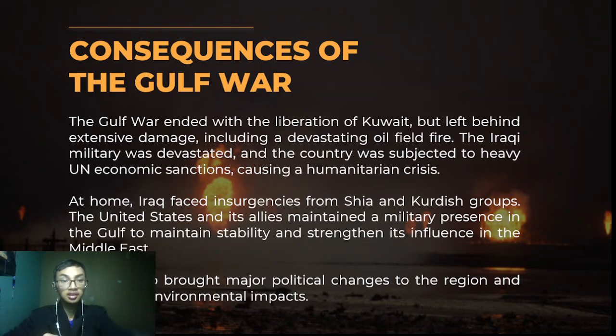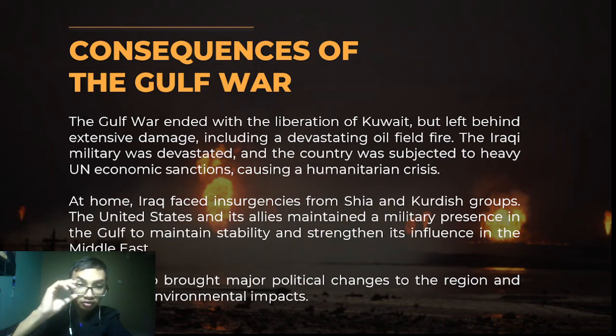The consequences. The Gulf War ended with the liberation of Kuwait, but left behind extensive damage, including devastating oil wildfires. The Iraqi military was devastated, and the country was subjected to heavy UN economic sanctions, causing a humanitarian crisis.